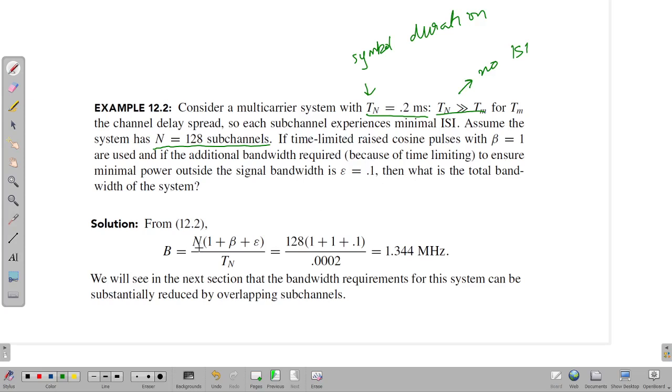You can directly apply the equation you have found here. B is equal to N times (1 plus beta plus epsilon) divided by Tn. Substitute these values and you can get the result.